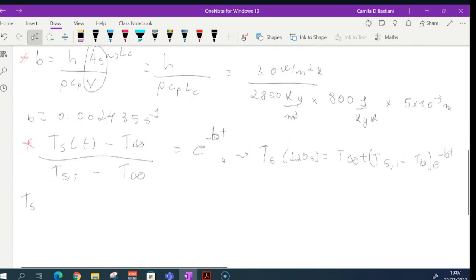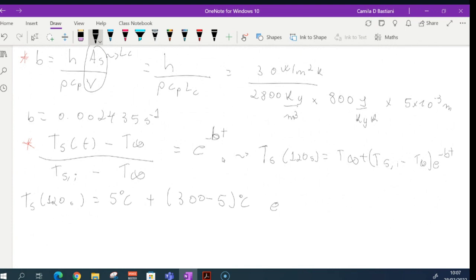My temperature of the surface at 120 seconds is going to be 5 degrees Celsius, that's my temperature of the air, plus my temperature of the surface at the beginning of the process, 300, minus my temperature of the air, sorry.